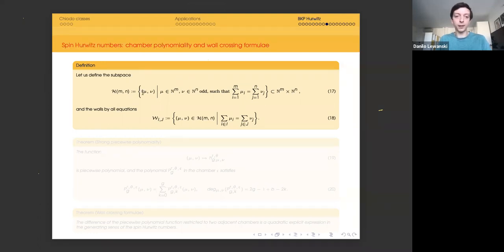If you consider the set of partitions mu and nu, such that they are integers, but now you have to remember to add odd here, because otherwise the spin Hurwitz numbers don't make sense anymore, such that they are of the same size. And now you consider all these possible equations over here, some of the mu_i is equal to some of the nu_j's for all possible subsets, and you call this the walls.